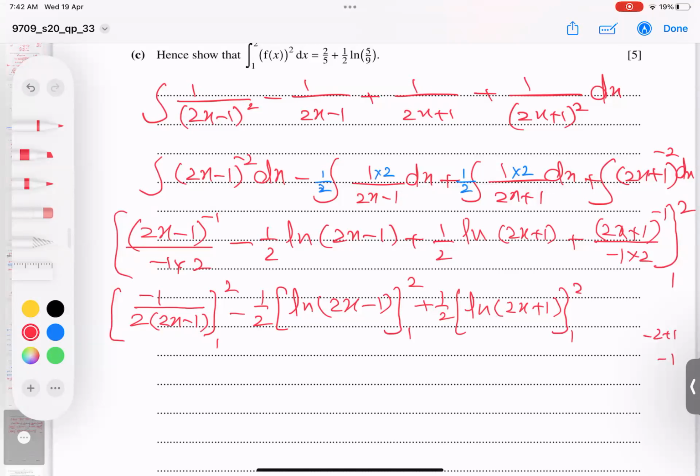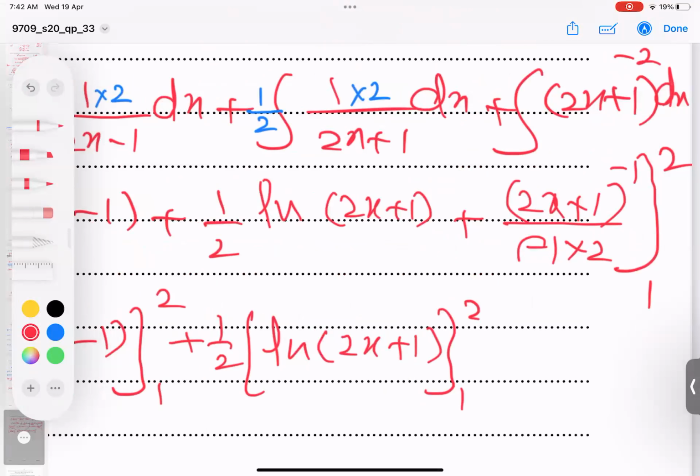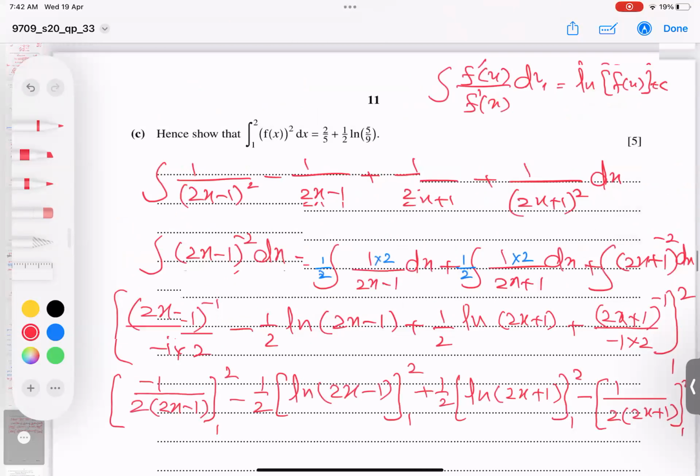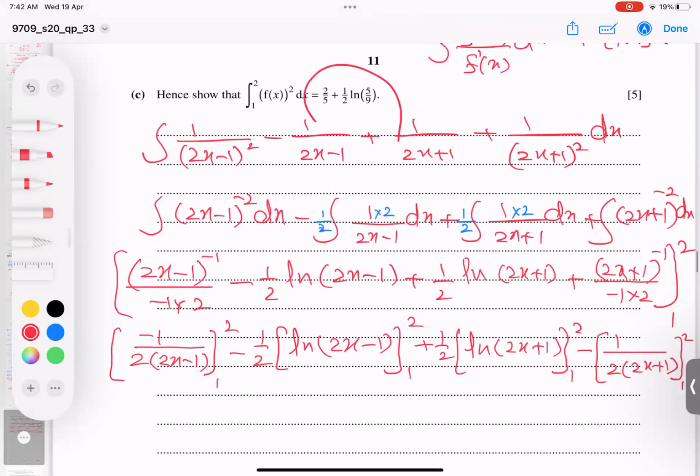And now this is almost the same story we have. So this minus goes there, and this 1 over 2 times 2(2x plus 1), and the limit is 1 to 2. Okay, so I hope all these ideas are confirmed. So now I'm going to plug in, yeah, we have to show this connection.